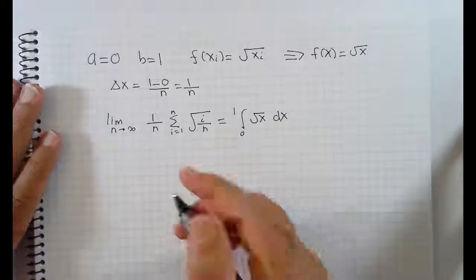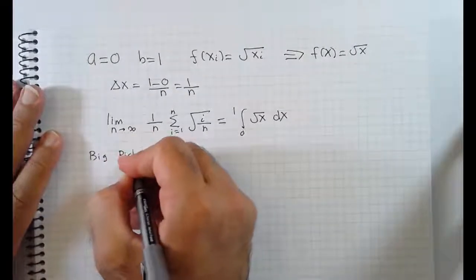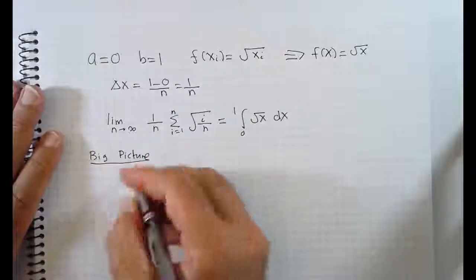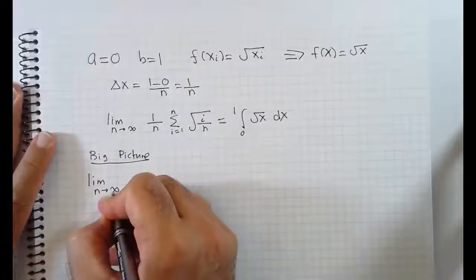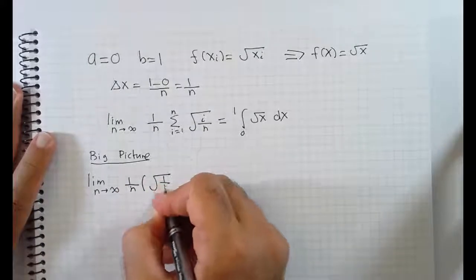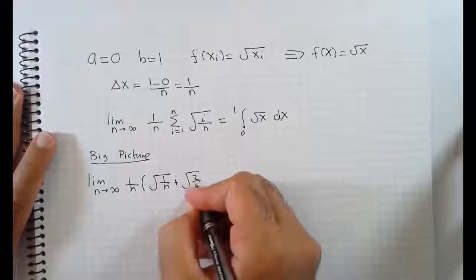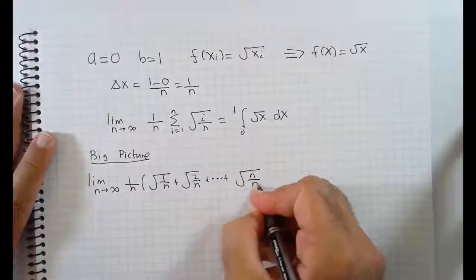Now let's look at the big picture. We were given the question, limit n goes to infinity, 1 over n, root 1 over n plus root 2 over n plus dot dot dot plus root n over n.